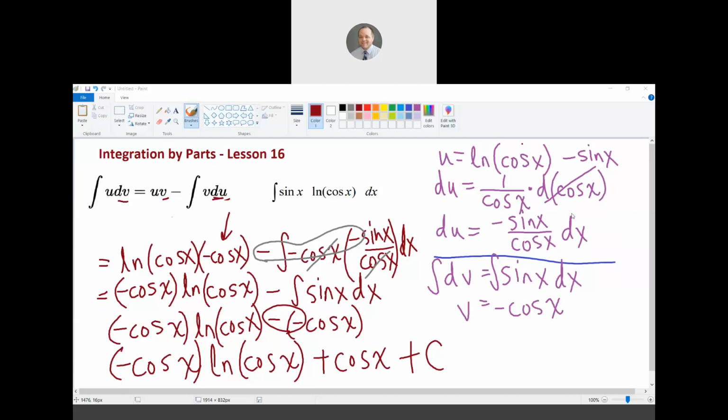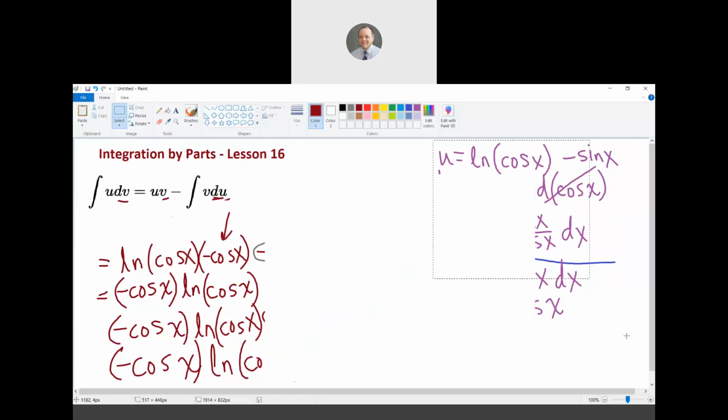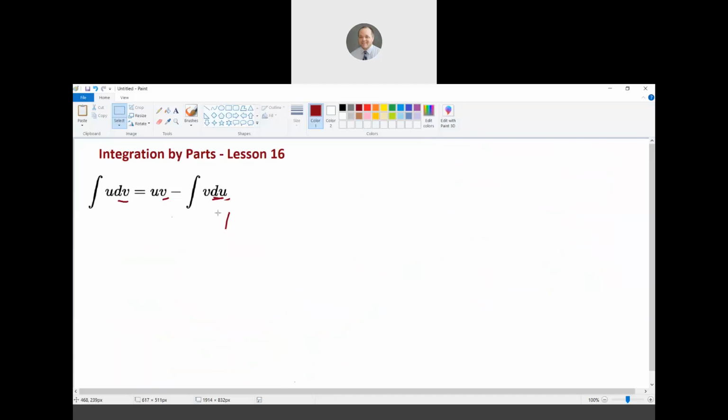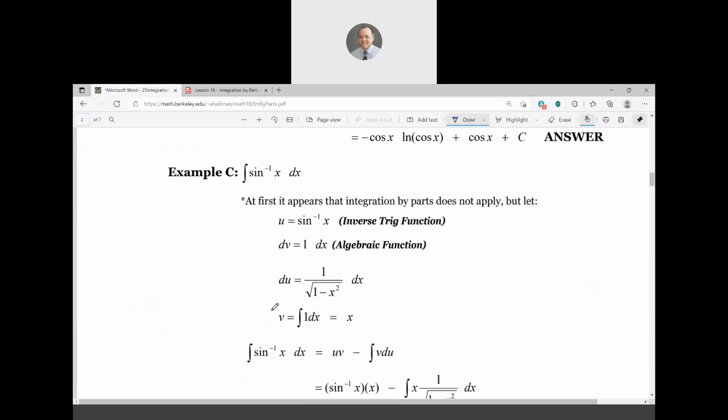All right, let's look at our next problem. Integrate the inverse sine of x dx.